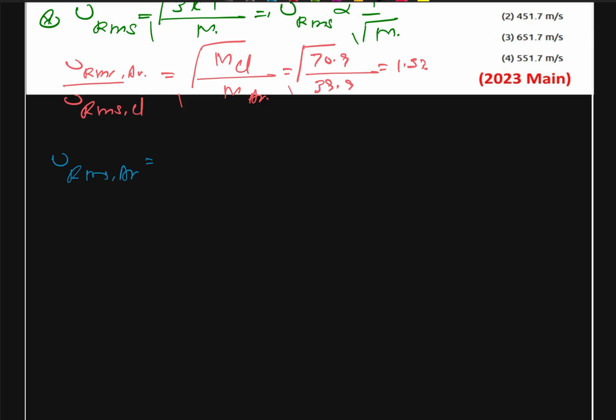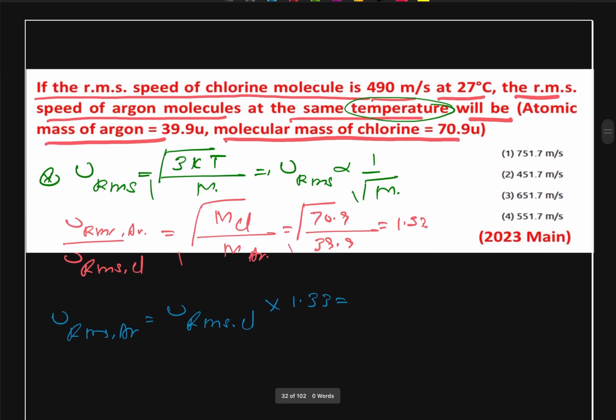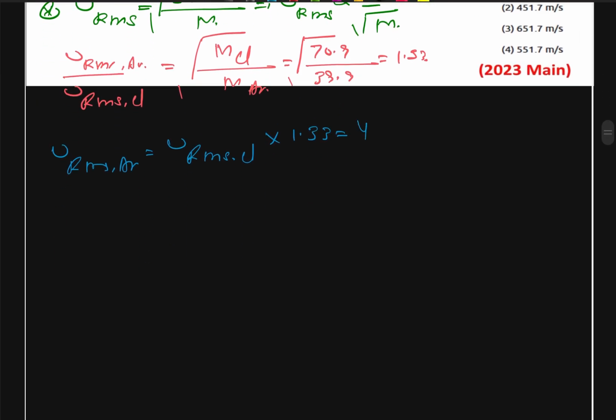And velocity V.r.m.s for chlorine is given, so we get V.r.m.s of argon is equal to V.r.m.s for chlorine multiplied by 1.33. It is given as 490, so this comes as 490 multiplied by 1.33.